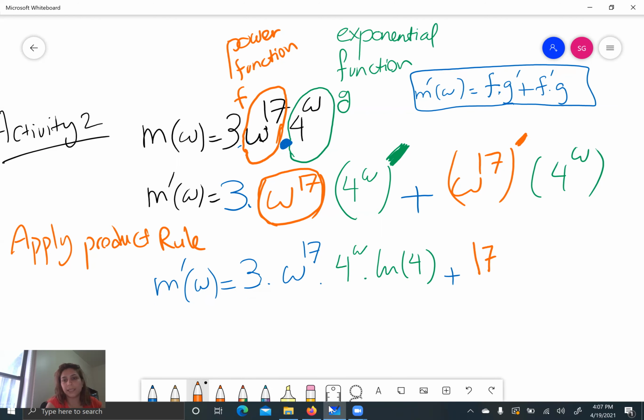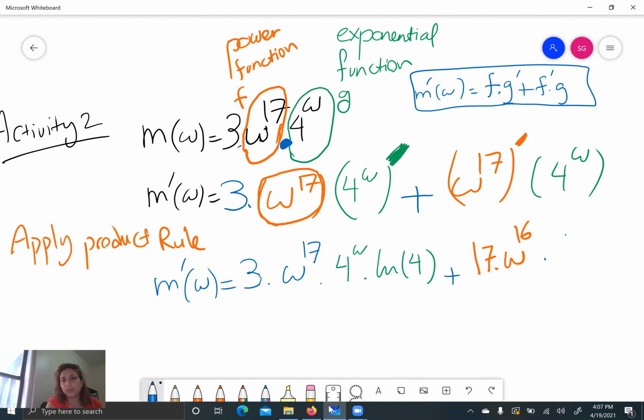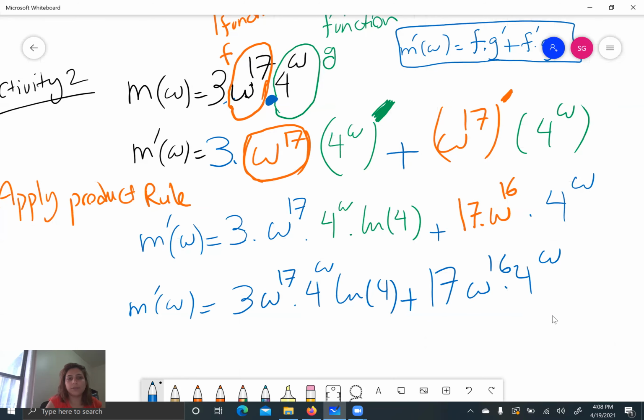It's going to be 17 times w to the power of 16. And for this exponential function, just multiply by 4. So if you would like to clean this up, it's going to be 3 times w to 17, 4 to w natural log of 4 plus 17 w to 16, 4 to the power of w. That is the derivative of this function.